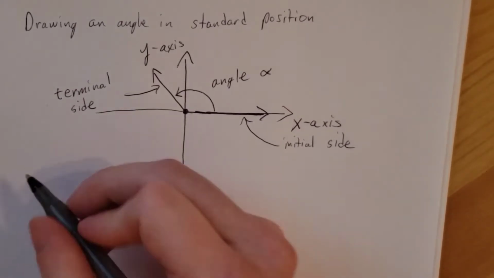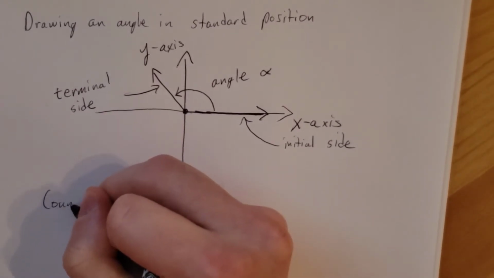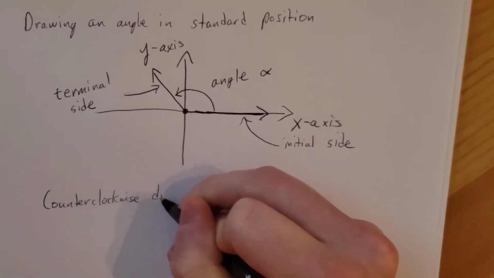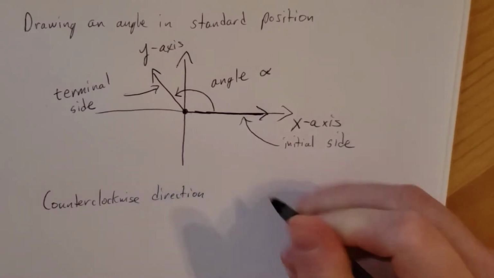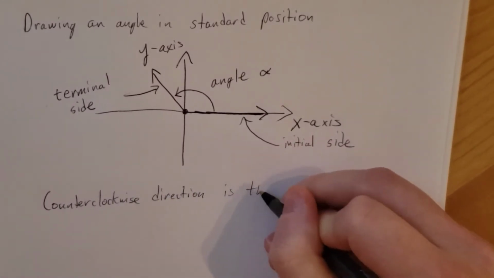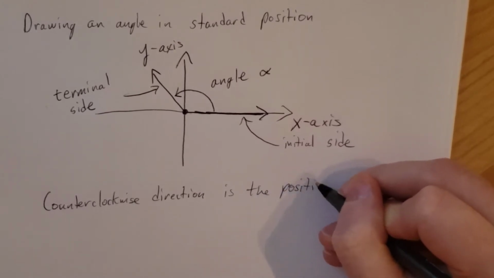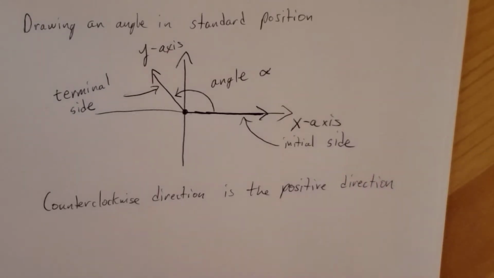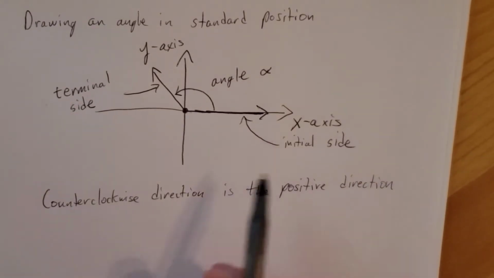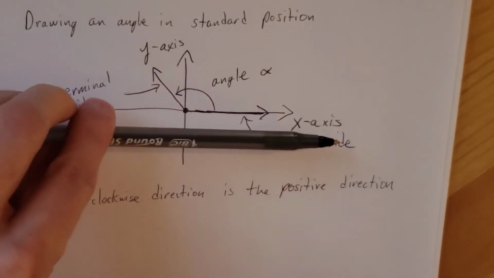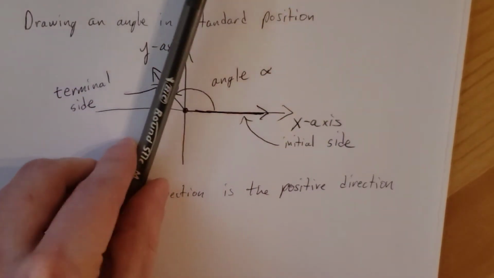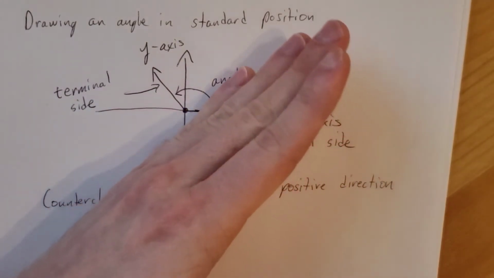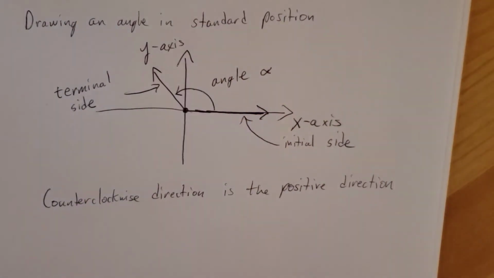So generally, we say that the counterclockwise direction is the positive direction. So in this picture up here, this would be a positive angle alpha. As it rotates from the initial side, it rotates counterclockwise until we get to the terminal side.